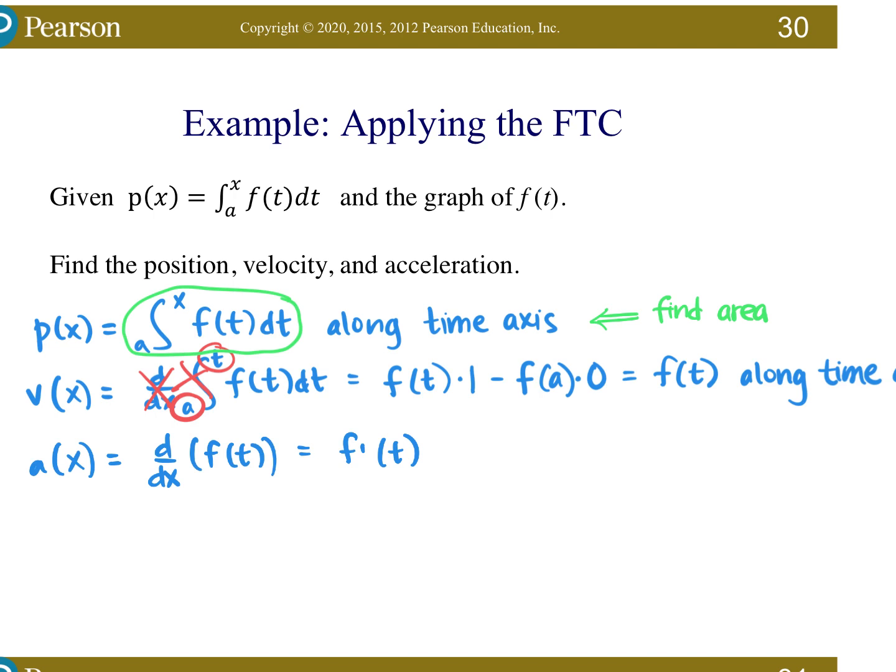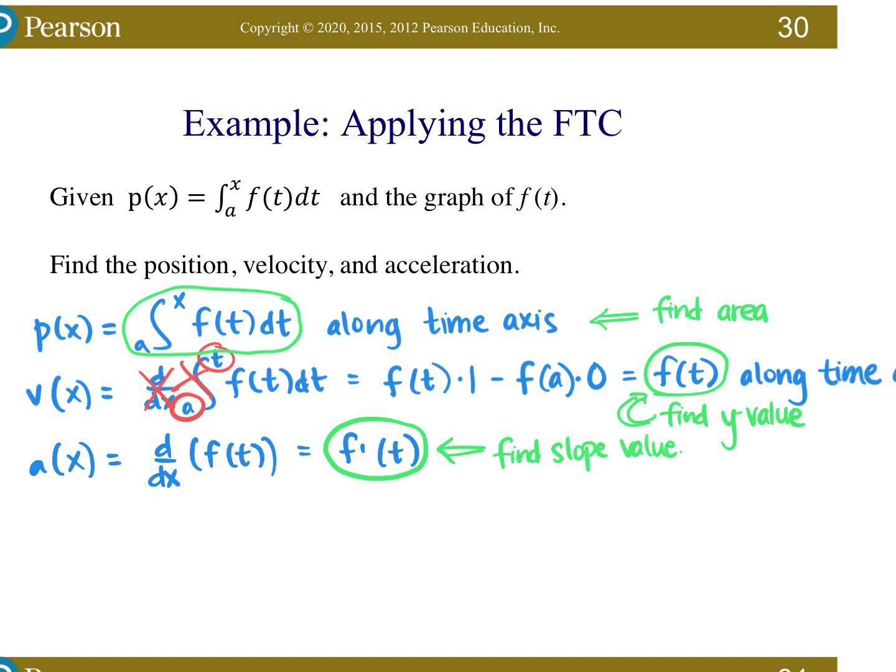For the velocity, I end up with this. That means you're finding the y value, because that's what f means. F means you're finding the y value. And then when we end up with f prime of t, f prime means you're finding the slope value.